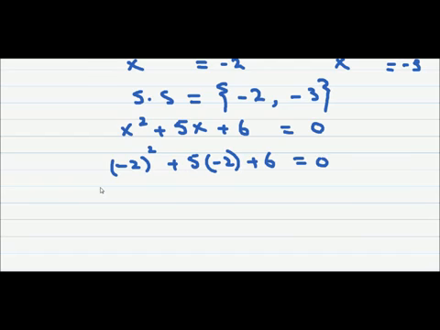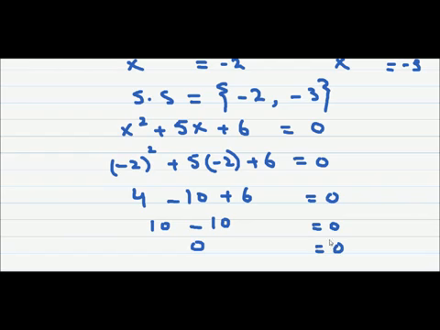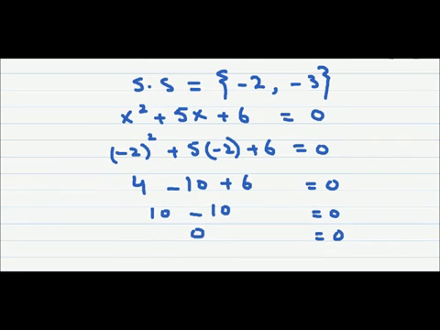So 4 minus 10 plus 6 is equal to 0. 4 plus 6 is equal to 10, minus 10 is equal to 0. So we see that this equation is satisfied by minus 2, which is the root of this equation. Similarly, you can try it out with minus 3. It will also satisfy this equation.